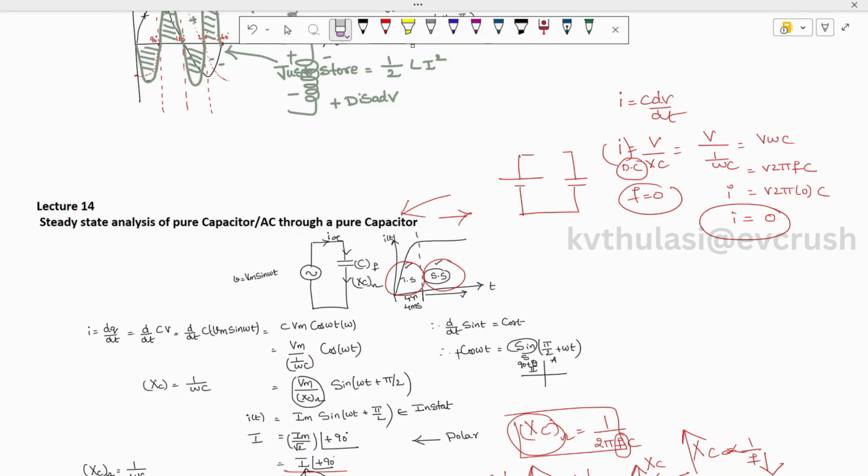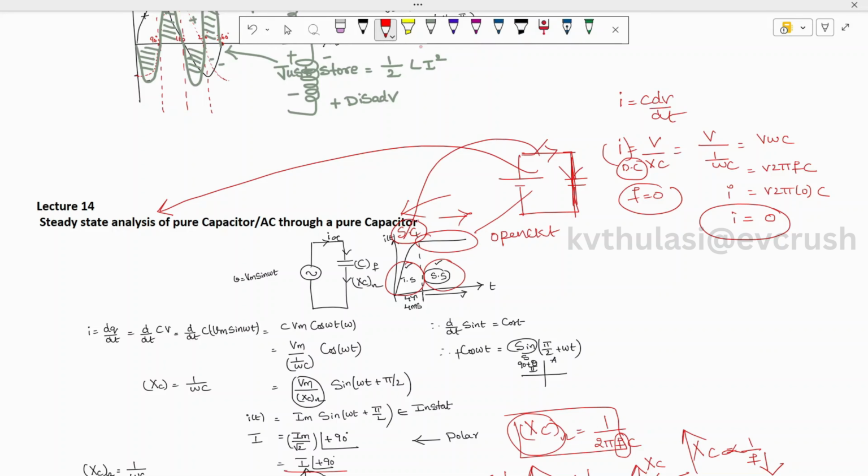So the capacitor acts like an open circuit in the steady state behavior. Why is it open circuit? Previously it was shorted. In the transient state it is short circuited and it is allowing the current to flow through the capacitor.